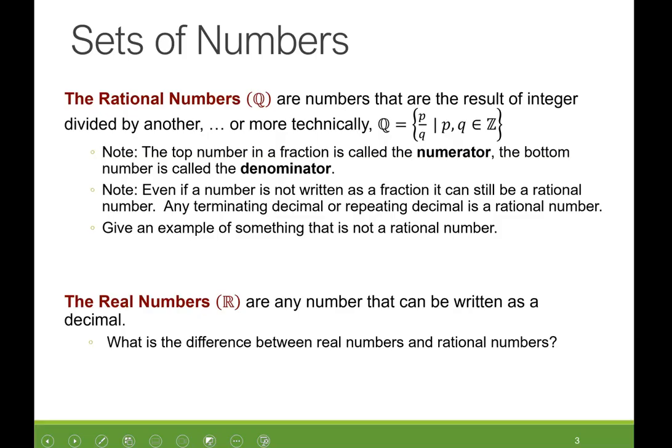The last class are the real numbers. The real numbers are essentially anything that can be written as a decimal. So pi, e, square root of 3 are all real numbers, but are not rational numbers. Is there anything that's not a real number?